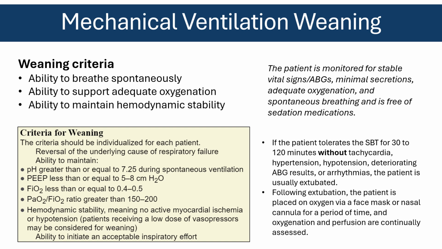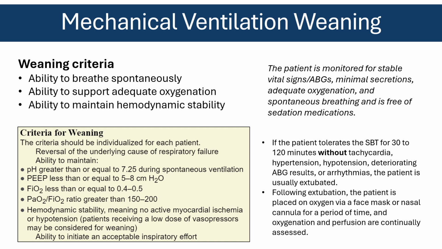They have to have a PEEP less than or equal to 5 to 8. Remember, PEEP is the pressure that keeps the alveoli open. If you have a really, really high PEEP and then you take it away, they're at risk for atelectasis, where those alveoli just cave in on themselves. So we don't want to risk that. If they're not able to tolerate a PEEP less than 8, then they do not meet the criteria for weaning.